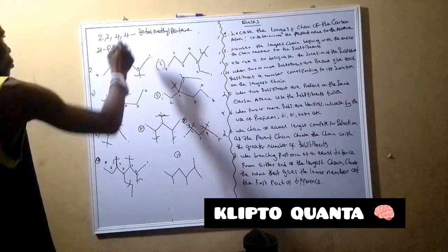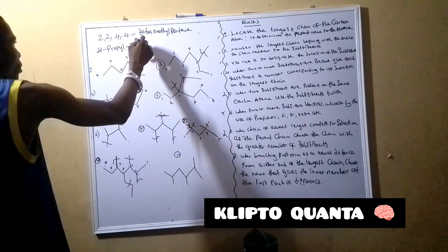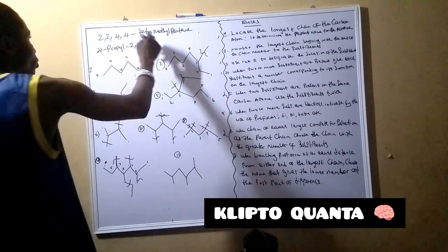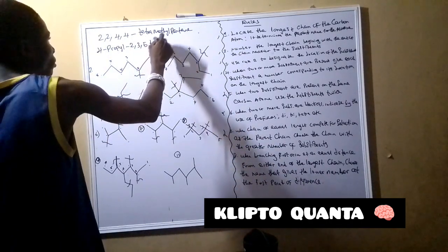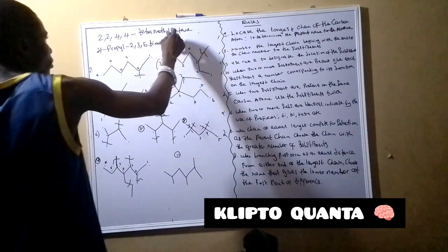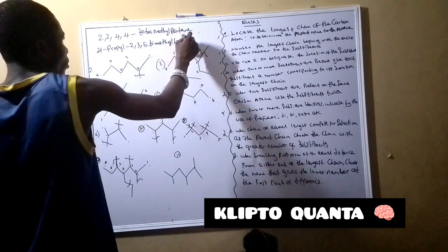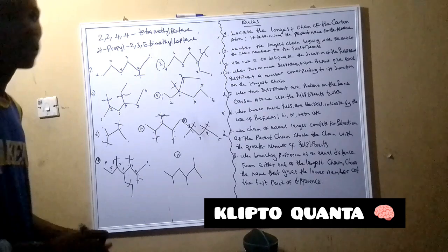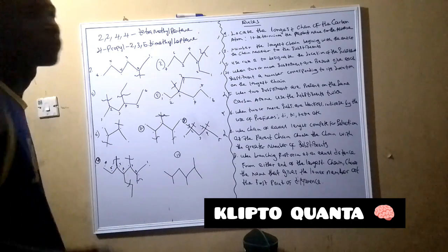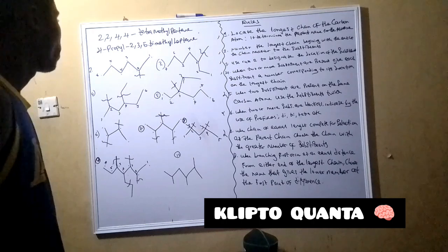So you have 2, 3, 5 trimethyl, and this would be heptane. So 2, 3, and 5 trimethyl heptane.